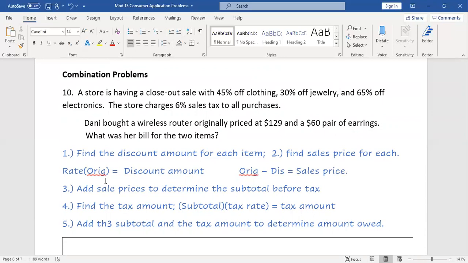Then we're going to have to add both of those sell price values together to get her subtotal before tax. And then to find the tax, we're going to take that subtotal times the tax rate as a decimal to find out how much the tax amount is, and then we're going to add that tax amount to her subtotal to find her total amount due.